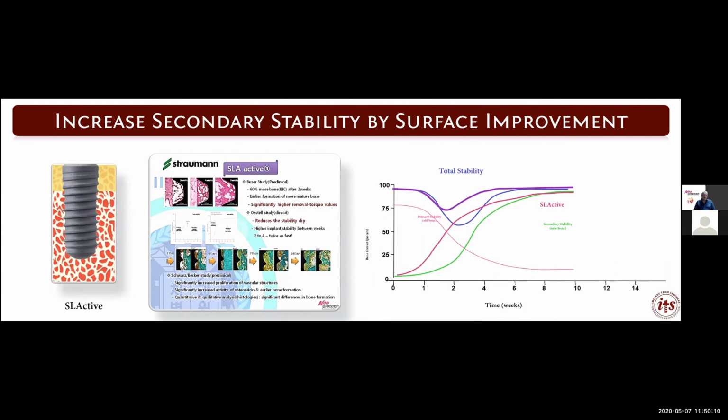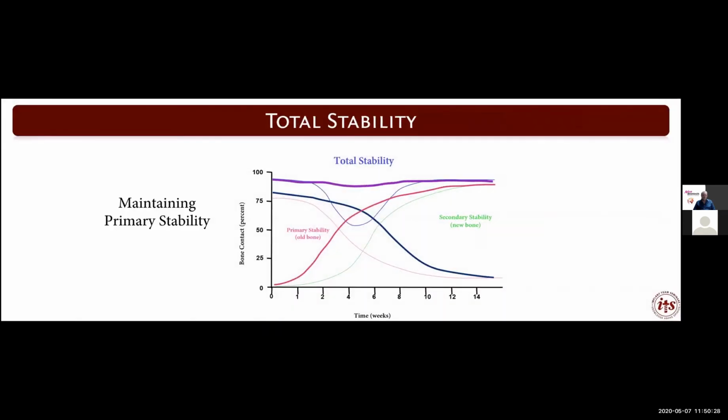The blue line shows the percentage of bone implant contact without the SLA surface, and the purple line on top is with the SLA surface and shows a higher percentage of bone implant contact in a shorter time frame. The aim is to flatten and reduce the stability curve. Look at the purple line at the top of the graph.